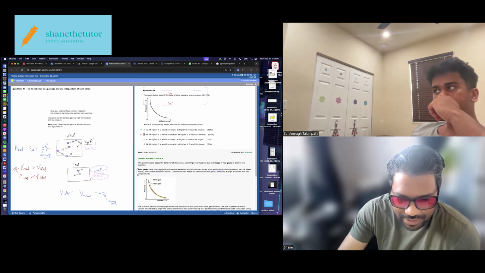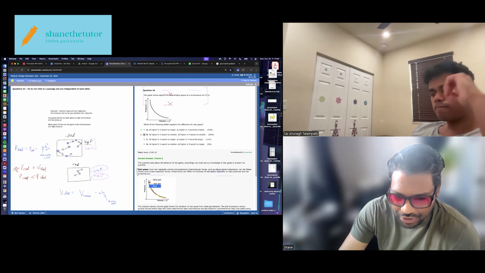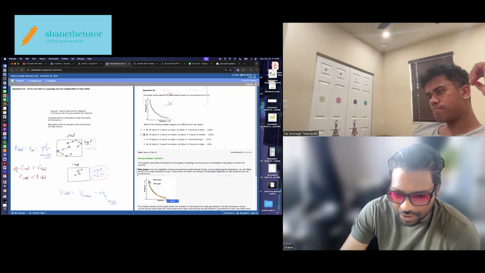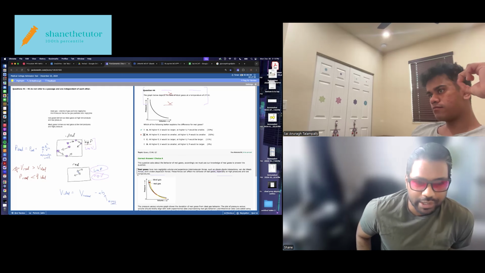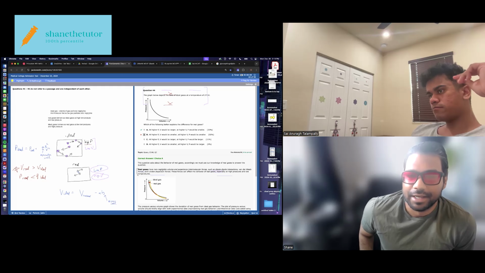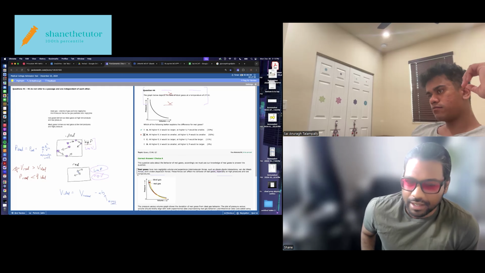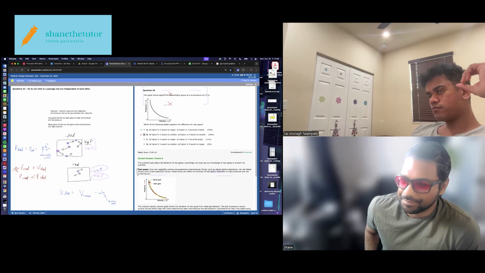But you can see this difference is greater between ideal and real at high pressures and at high volumes, where they really show that they're really different. So that's why the question choices are saying at higher P, at higher V, right?